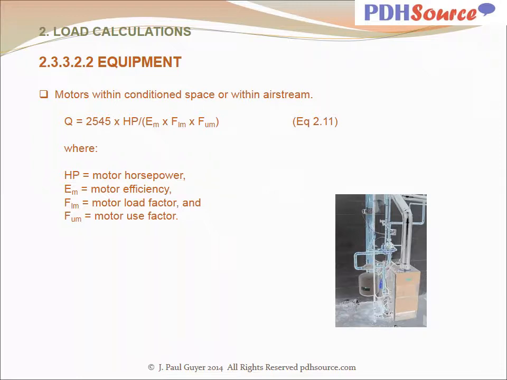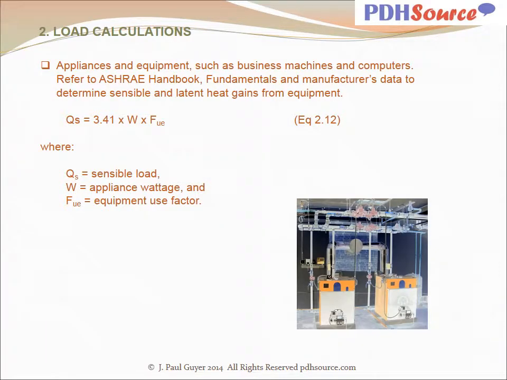And also it should be mentioned that computers, personal computers, are a significant source of internal heat load as well. And the formula for calculation of the cooling load due to appliances and equipment, coffee machines, copiers, things like that, is equation 212.